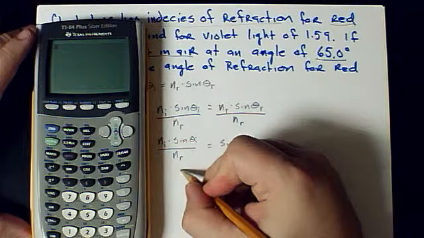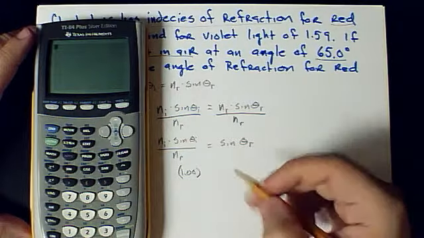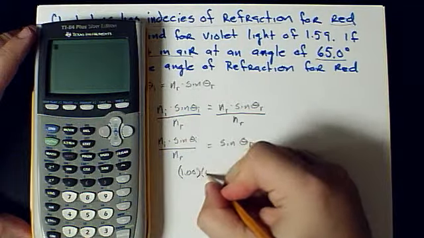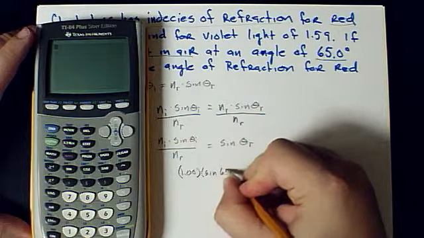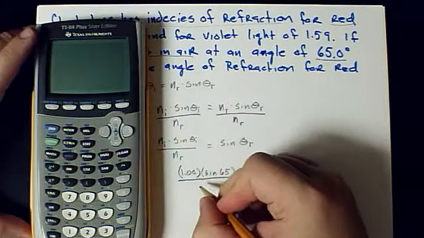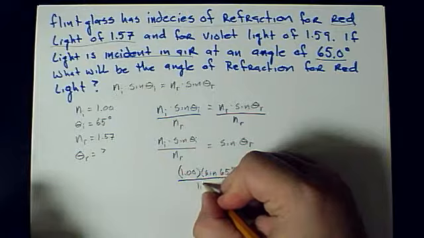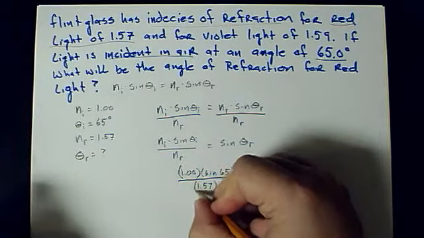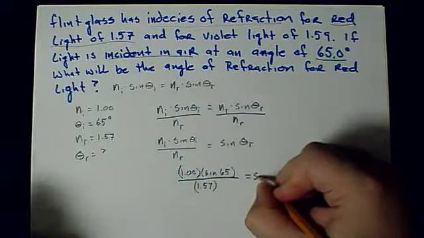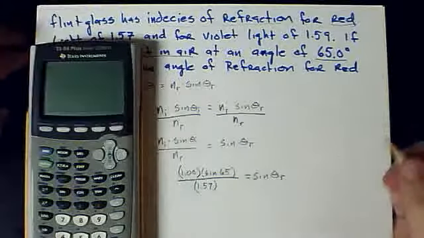So we're going to go ahead and put our numbers here. We've got Ni is 1.00, because that was our index of refraction of air, times the sine of 65 divided by Nr, which was 1.57. And that equals the sine of theta r. So let's go ahead and put that in our calculator.